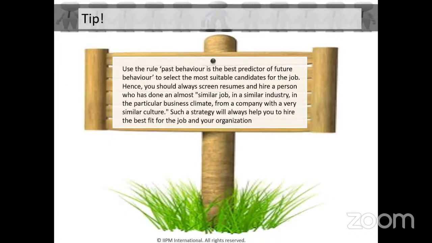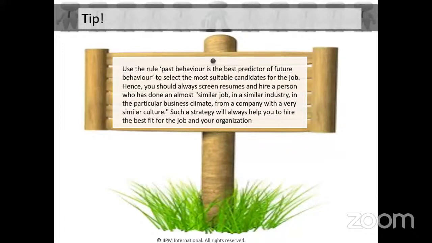People change, people improve. But in as much as I agree that people change or improve, you will not want to use your organization to test if they have improved, okay? You don't want to use your organization to test if they are now good people. If they are good, let them create new records that will show that they are now good, so that when we look at their past behavior, we can see some record of good in it.